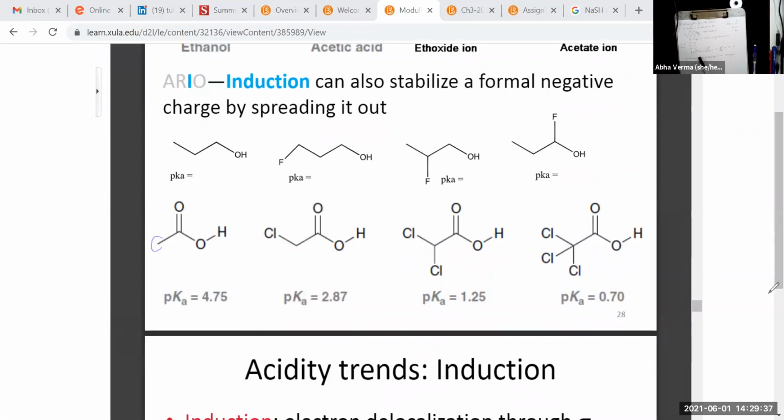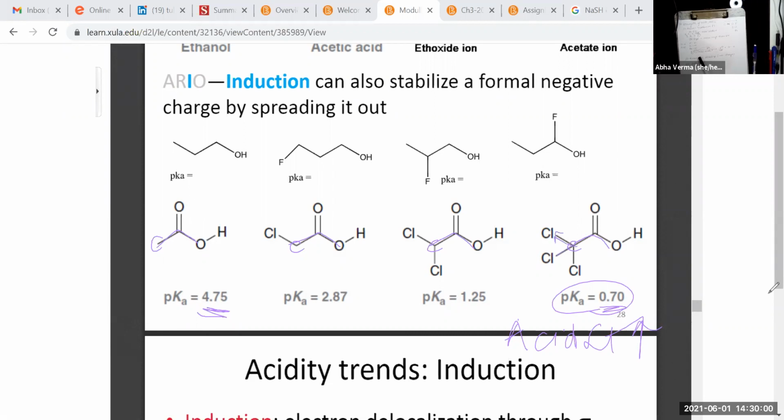If you look at this CH3, this CH, this carbon, and this carbon, it's localized at the same location. But look at the pKa values. Who has the smallest pKa value? This has the smallest pKa value, and hence its acid strength will be super high. Why is that?